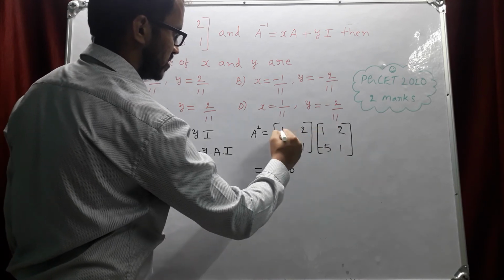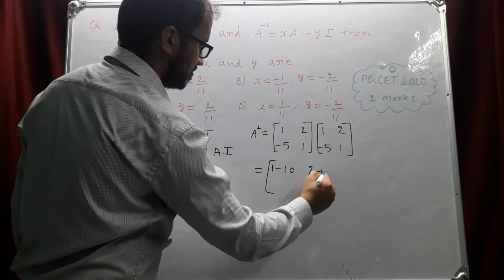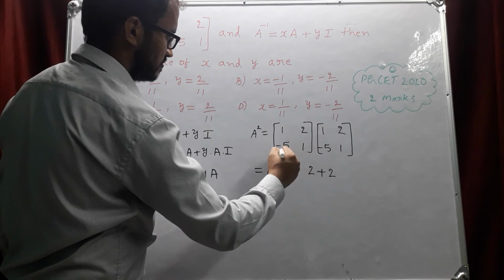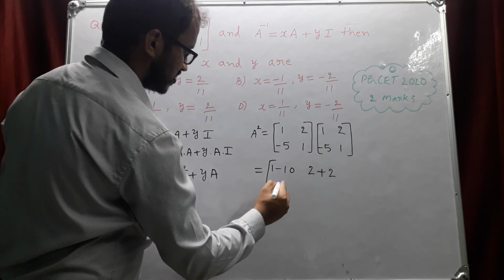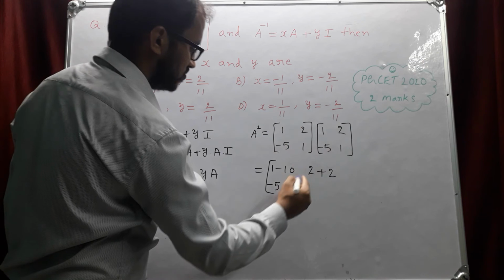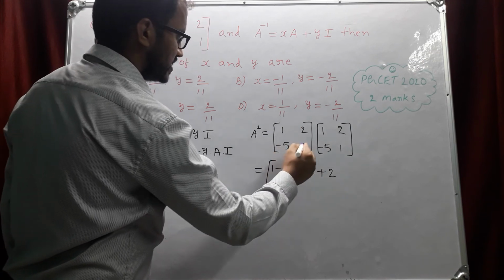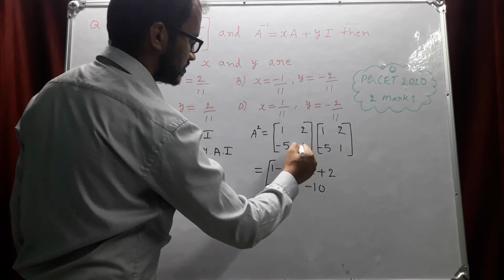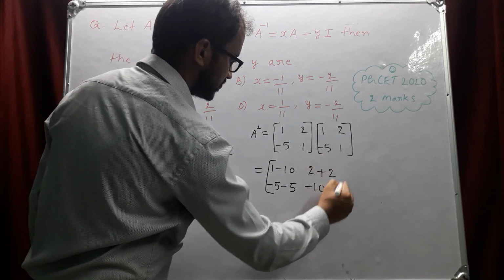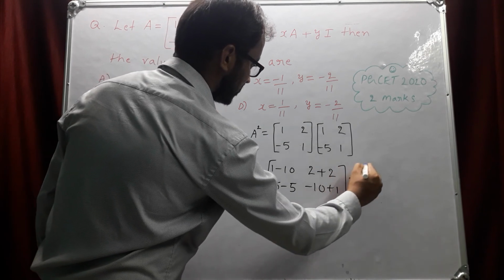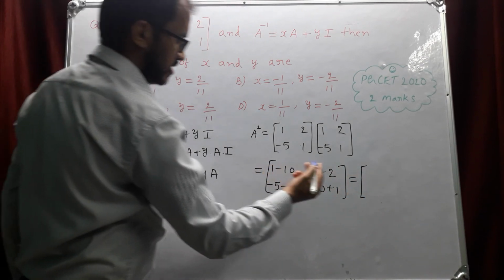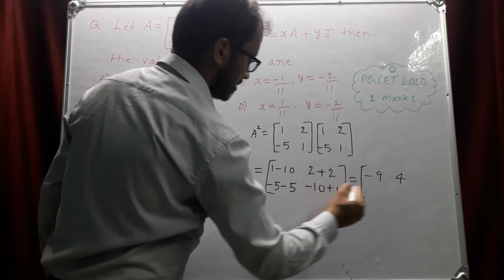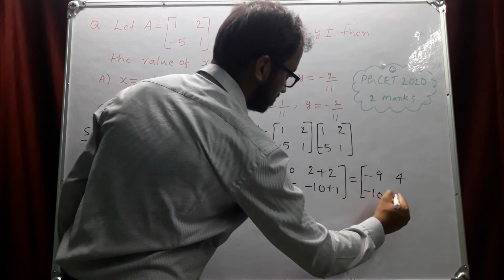First row, second column, 1 into 2 plus 2 into 1, that is 2. Second row, first column, that is minus 5 into 1 plus 1 into minus 5. Second row, second column, minus 5 into 2 minus 10 plus 1 into 1. So the value of A square becomes minus 9, 4, minus 10, minus 9.